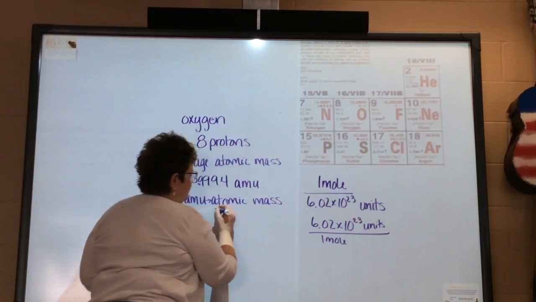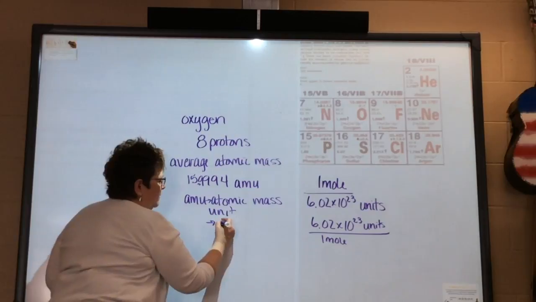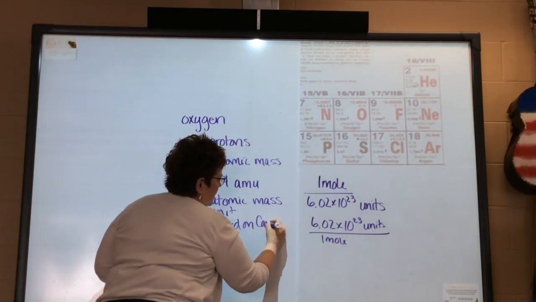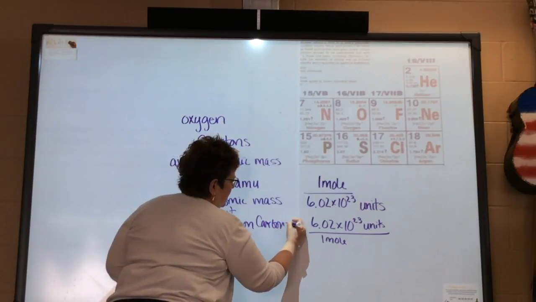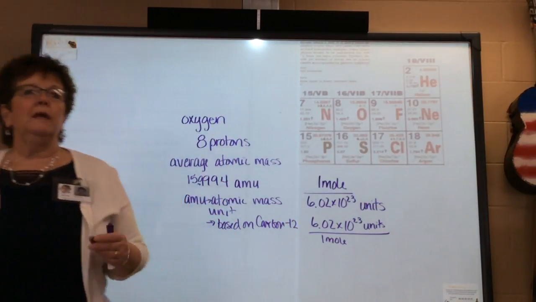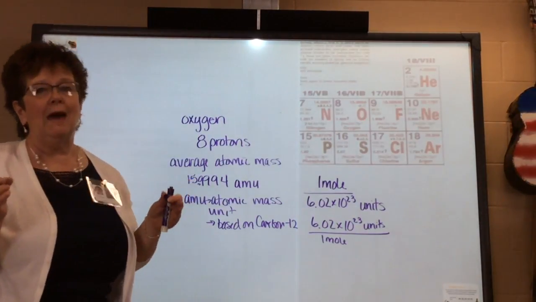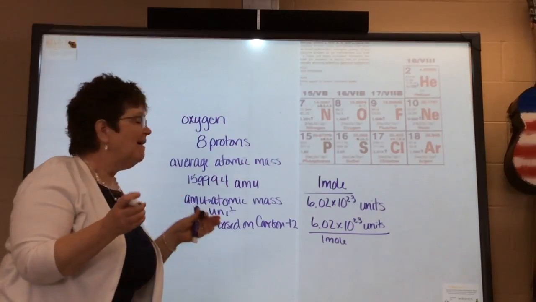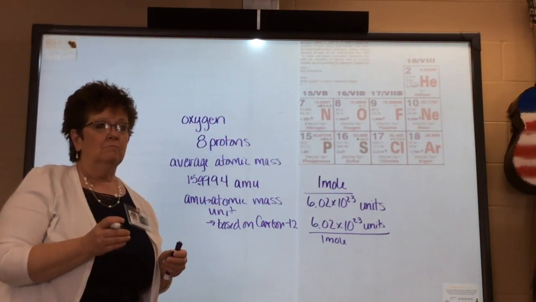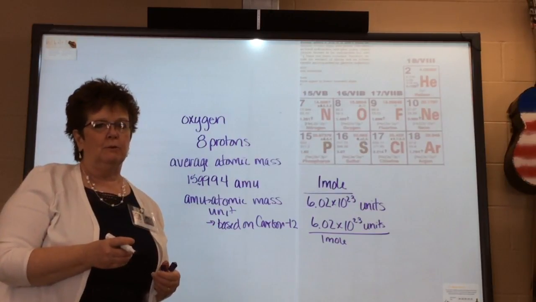An atomic mass unit is based on the carbon-12 isotope. So knowing that, we can determine that the mass of one oxygen atom is 15.9994 AMUs. Cool, huh?